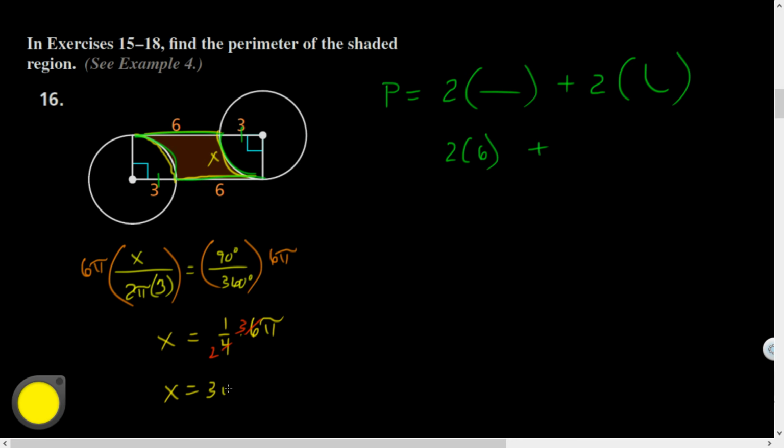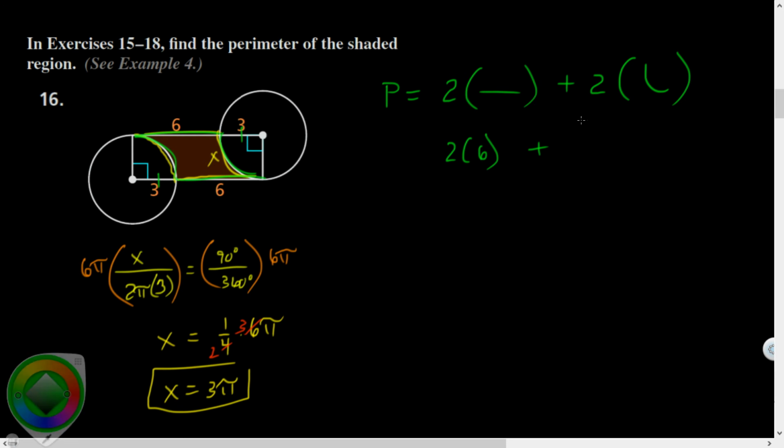So I get x equals 3 pi for this length, because I wanted an exact value, not an approximation sometimes. I want you to know both ways.